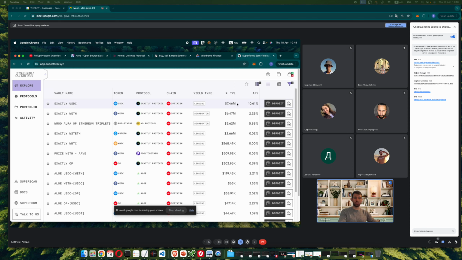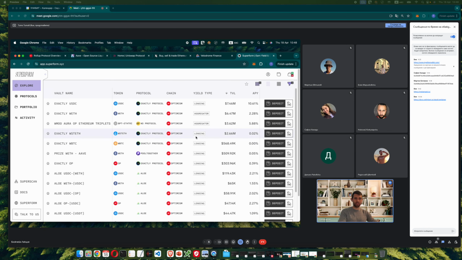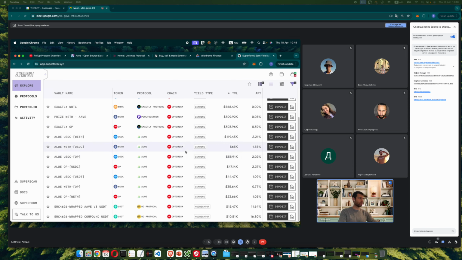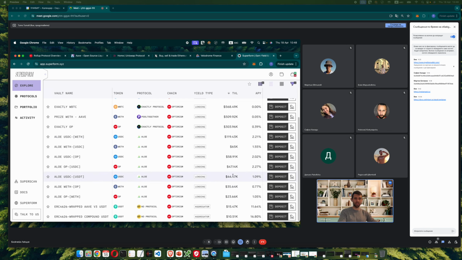If you provide liquidity on that, you can earn up to 10.6% APY per year. And the whole idea of this is to give you a dashboard where you can see the different options for providing liquidity. You can choose the best one. It's like an aggregator for these kinds of things.